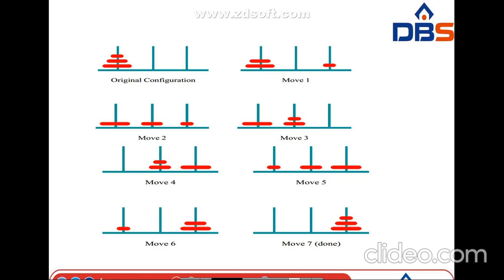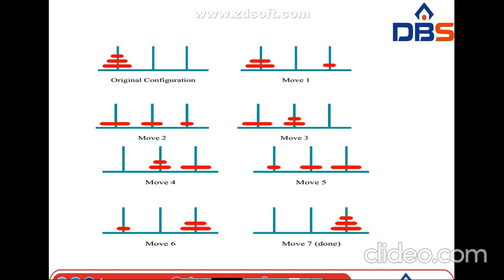After the fourth move, we have two discs on the auxiliary, that is tower B, the medium and small. Now in the fifth move, I am going to move the small disc from auxiliary to source, that is A.